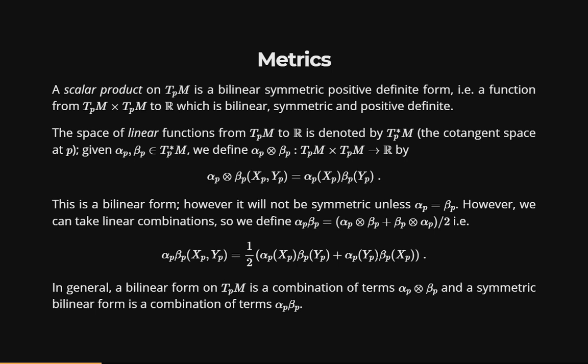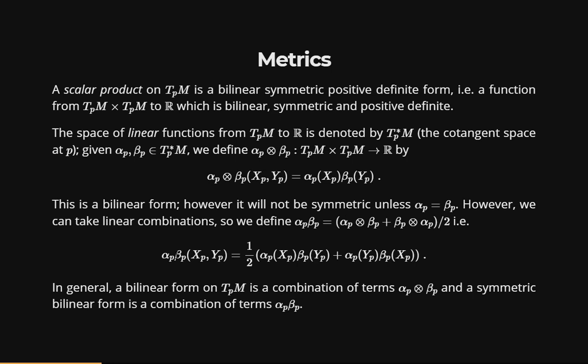So in general, a bilinear form on the tangent space is a combination of terms alpha_p tensor beta_p. So these expressions won't give you all the bilinear forms, but if you add them up, multiply them by constants, you get all the bilinear forms. And then every symmetric bilinear form is a combination of terms of this kind, alpha beta.